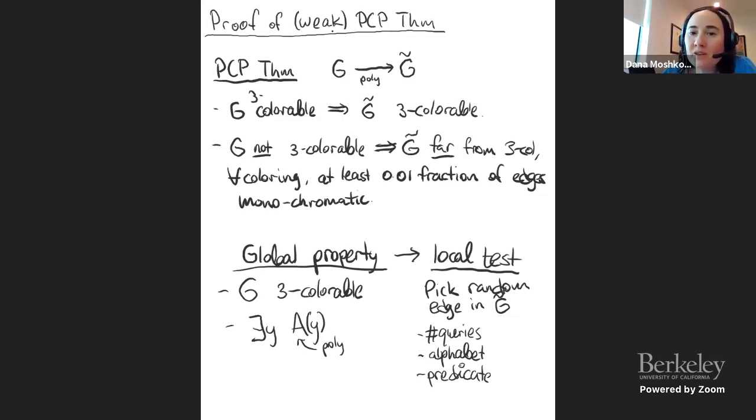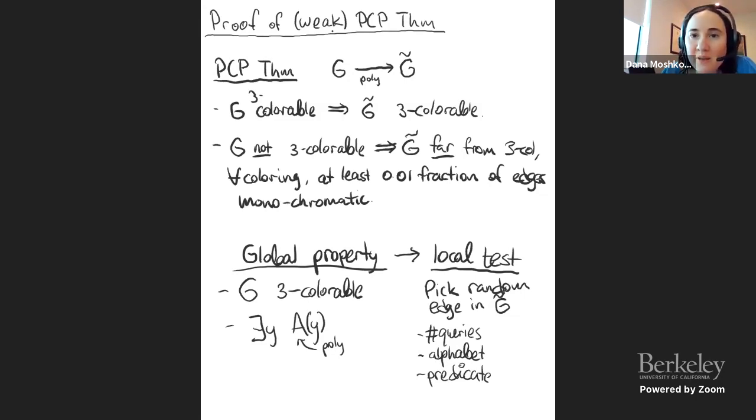Different PCP theorems also differ in that you can get all kinds of extra properties on the graph, like degree, or properties of where the bad edges are. Are they supported on most vertices and so on? So you can assume even distribution.